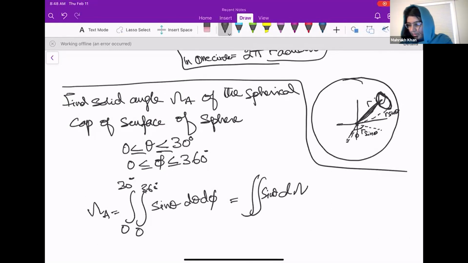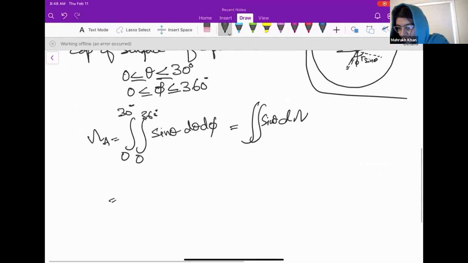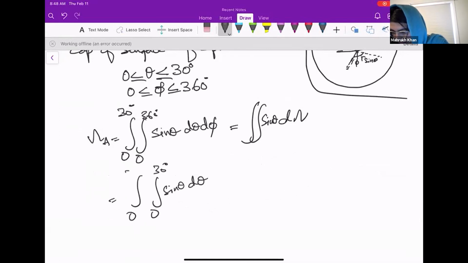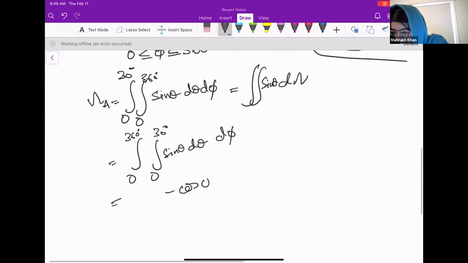Okay, so we will solve this thing. It's very simple. It will become the integral from 0 to 30 degrees, and when you solve this, d phi.